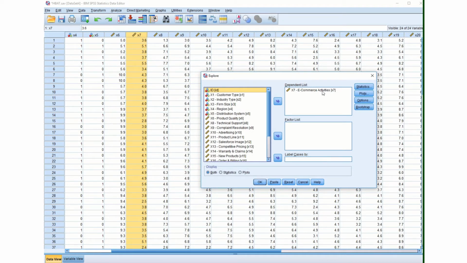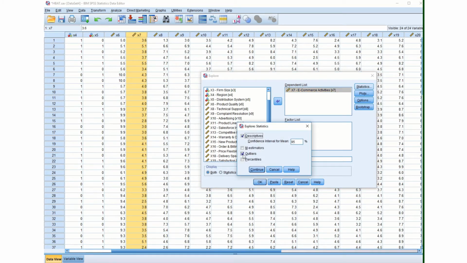Okay, so I already have X7 in here actually, so that's a little handy. But if we didn't, we could put X6 or X7 or X8 or any of these, of course, could fall in there. So that's not a problem. We can put that in there, and again, we're exploring. We can check outliers here, although we're going to mechanically do this, so you don't really have to do this, but you can do this if you want.